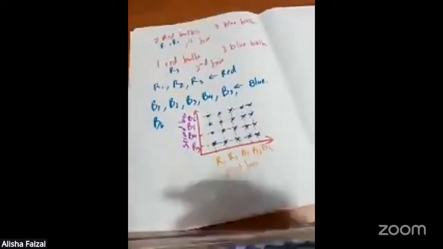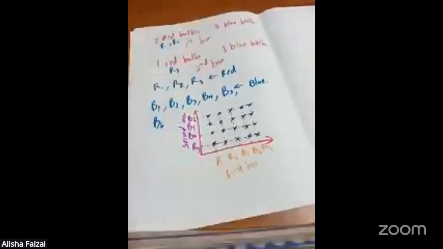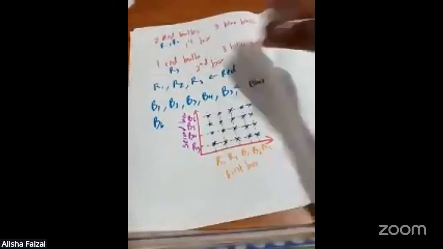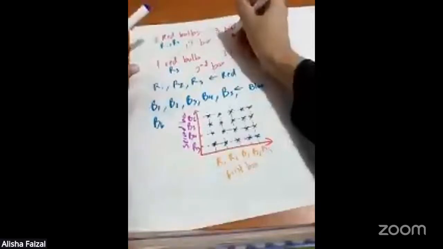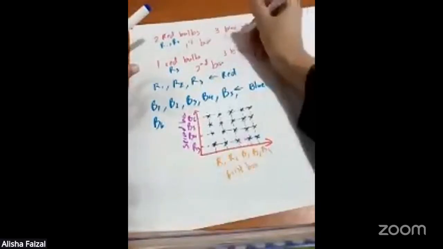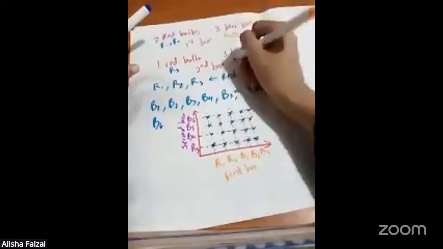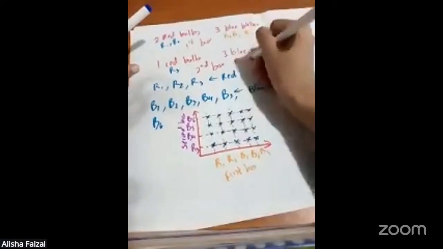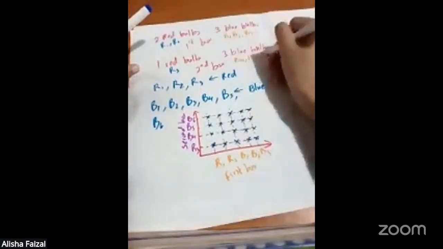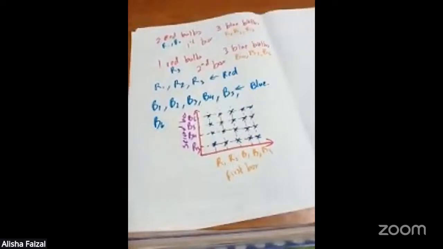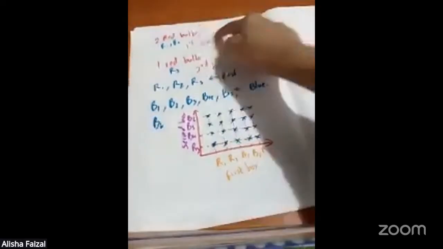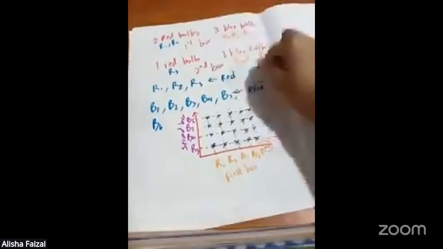The second place where you can obtain the same colors is obtaining blue: B1, B2, B3 here, and B4, B5, B6 here. Taking any of these three and any of these three, because both are blue.